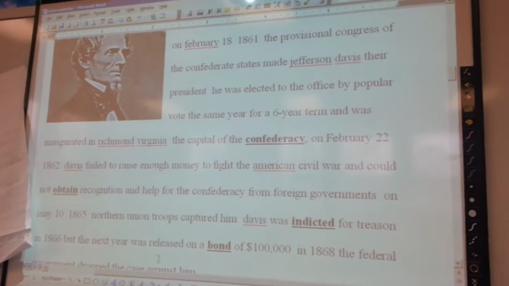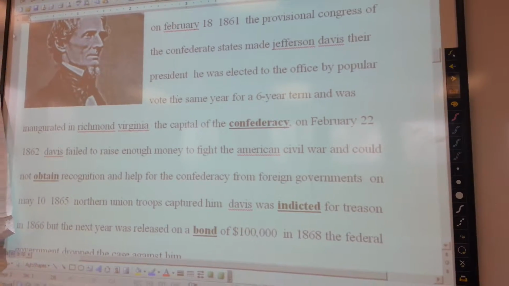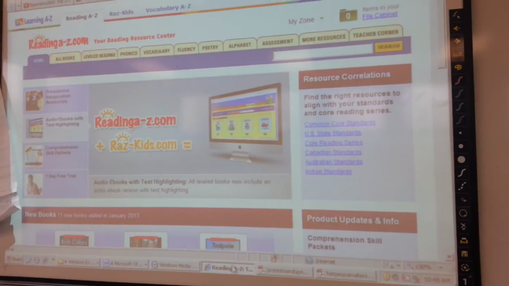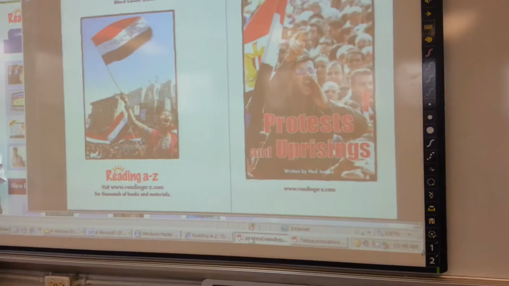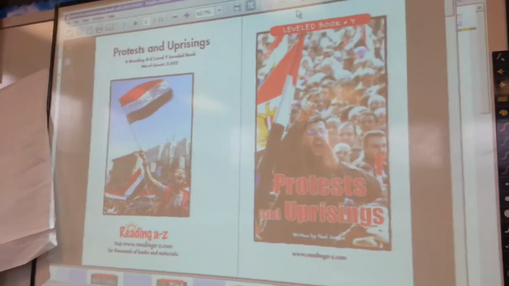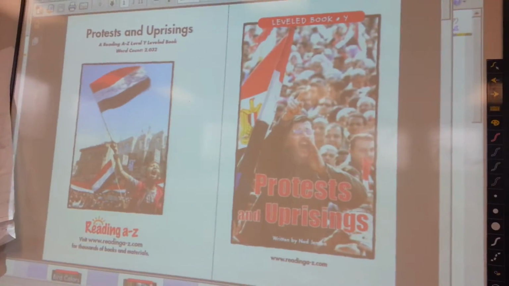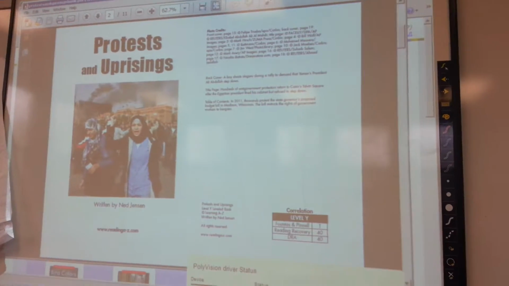Okay. Now the other thing I want to talk about, what is this? Let's read this first. What's this, Colin? It's a Reading A to Z book, and it's a source of some of the facts that we've gotten. What was in here that was particularly interesting to you?